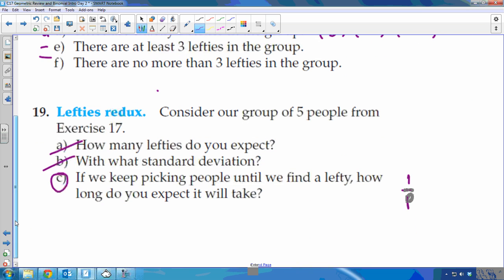Look at number 19. Rapid understanding. How many lefties do you expect? Well, this is Bernoulli trials. We're using a binomial model. So how do we figure out how many lefties we expect? It's n times p, which is the number of people times the probability you're lefty. So 5 people times the probability you're lefty, 0.65.